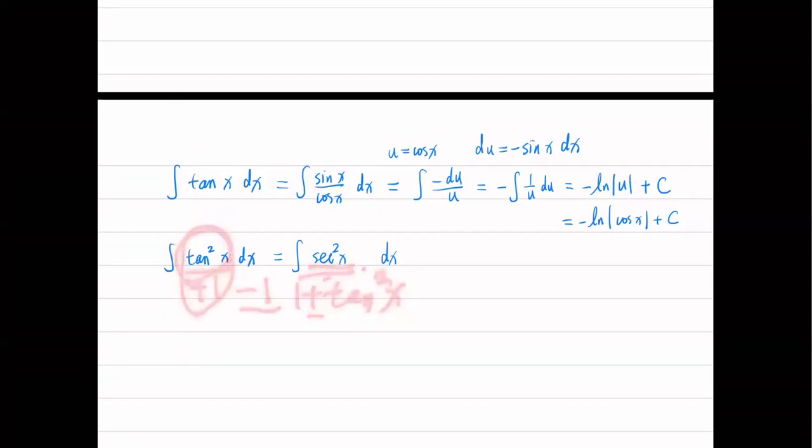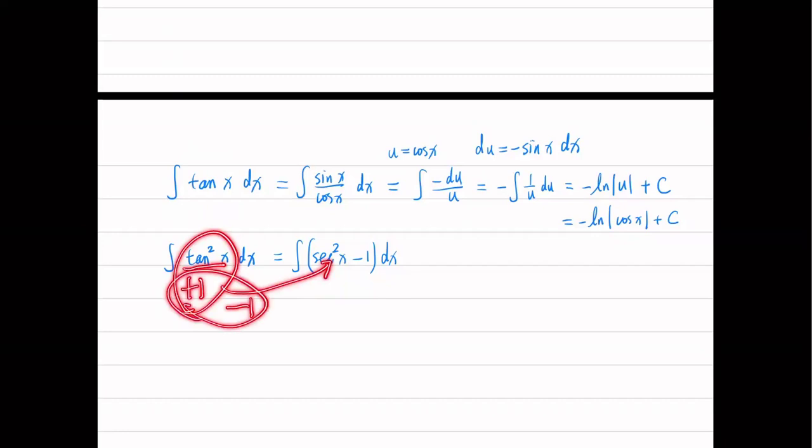This will be minus 1. Does it make sense? Plus 1 went inside. Right? Okay. Tangent square, we add 1. This goes to there. Subtract 1 because we want them to be equal. Okay.